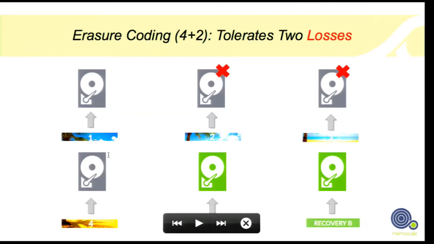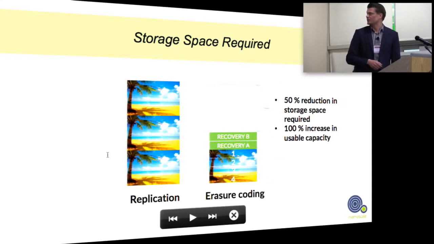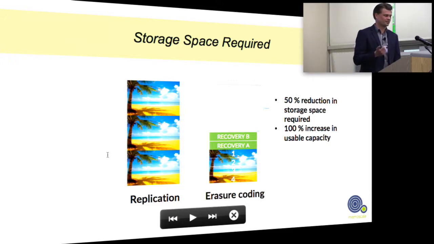And if we add 2 recovery fragments, this configuration will also be able to tolerate 2 losses. And the advantage of erasure coding, you can see here. With replication, we have 200% overhead. With erasure coding, we have 50% overhead. And that means that you can store twice as much in your storage system. In a real storage system, you will usually use more redundancy fragments than this, so this is a bit simplified example.